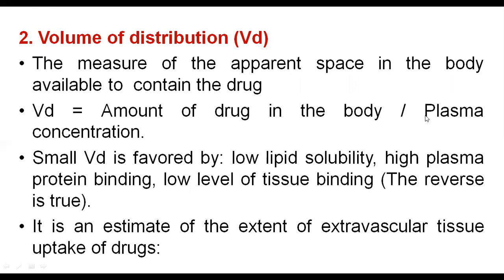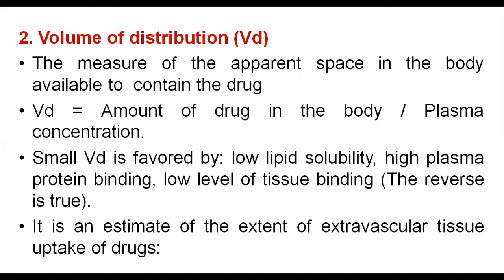So if you have a drug whereby much of it, when administered, will be in the extravascular compartment and won't be in the plasma, meaning the amount of drug that remains in the plasma will be very low, it means that such a drug will have a very high volume of distribution.